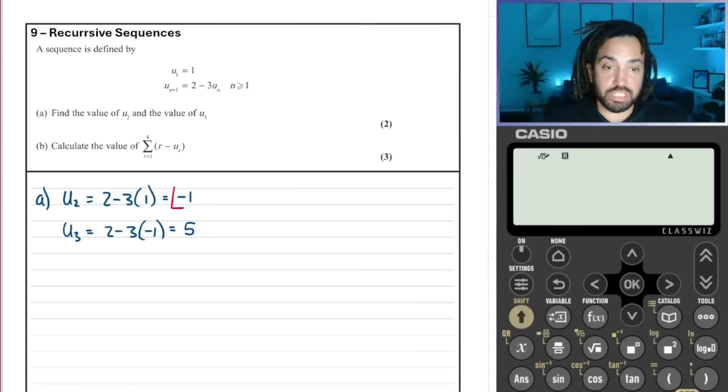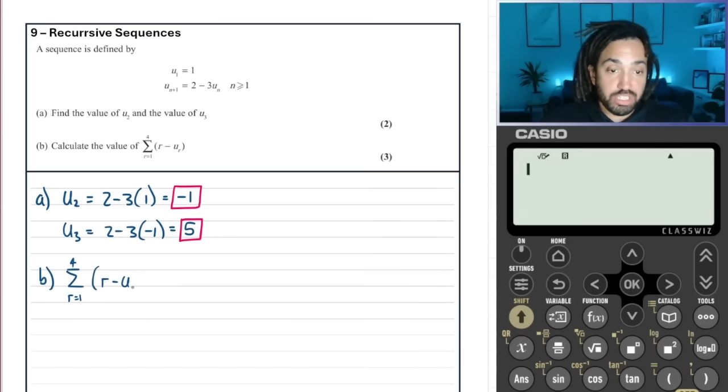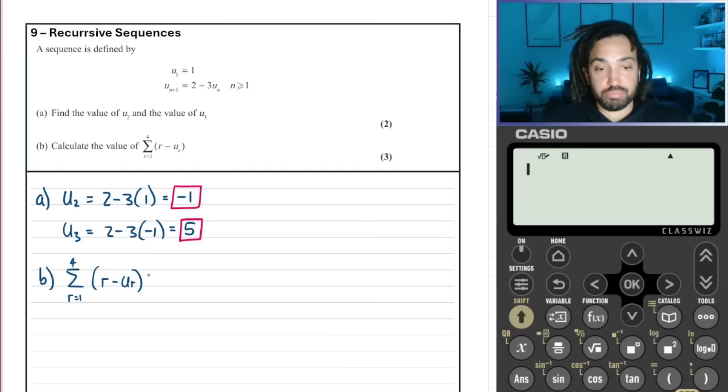So that's just literally subbing in to the sequence formula. And then we can move on to part B, which is asking us to find the summation up to the fourth term, when r is 4, starting with r is 1, of r minus the sequence ur.